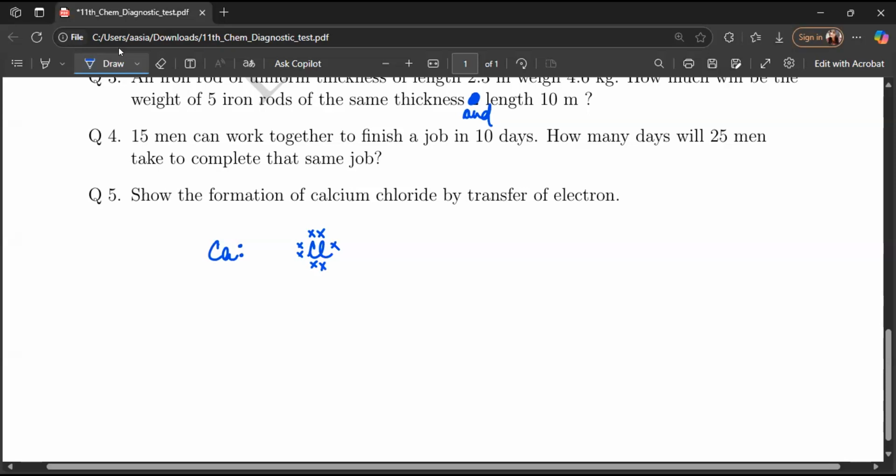One of the electrons from calcium will go to chlorine, with an arrow. Now chlorine's octet is full, so we'll draw one other chlorine as well, with seven electrons. And the remaining electron from calcium will go to chlorine. So it's Ca2+, it gave an electron, and chlorine is going to get minus because it is gaining the electron. So yeah, it's CaCl.